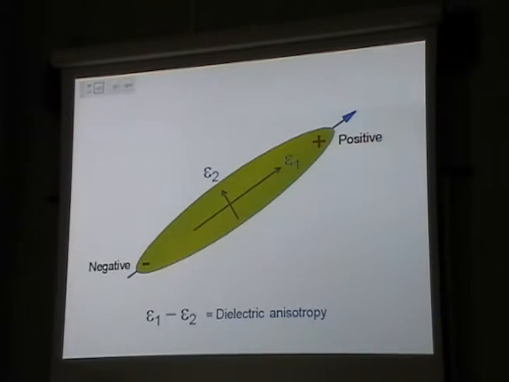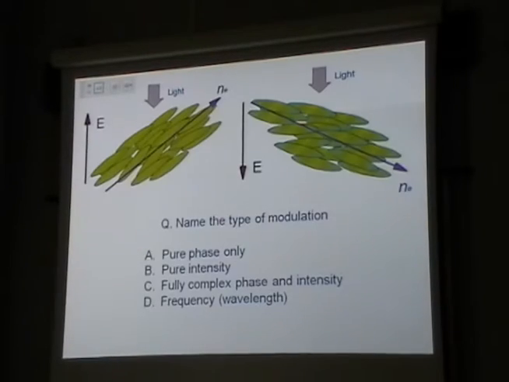That could be an AC polarity where I apply an alternating field, and that sets up an induced dipole, as in the case of a nematic, or it could be a fixed electronic orientation, which comes from the chemical structure of the crystal itself, as you see in this smectic, where you have essentially a fixed dipole in the system. Either way, it doesn't matter. All I care about is it has, by some means, a plus end and a minus end. Therefore, I can apply an external field, and I can manipulate the bias.